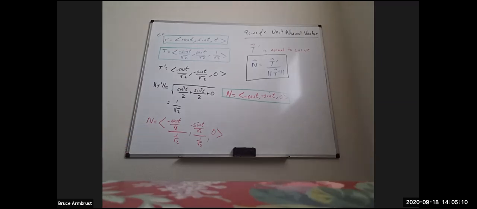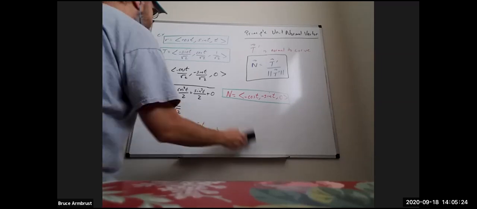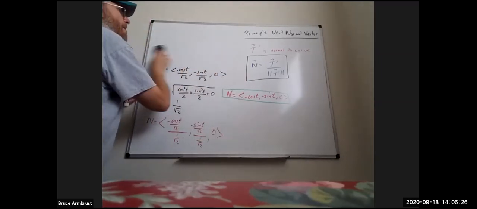All right, so let me do another one that on the surface doesn't look that bad. You're going to go, what's the big deal? It's a super easy function. You'll see what happens when we go and find N. So let me change this.